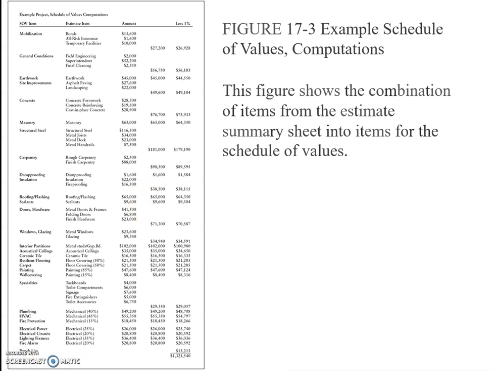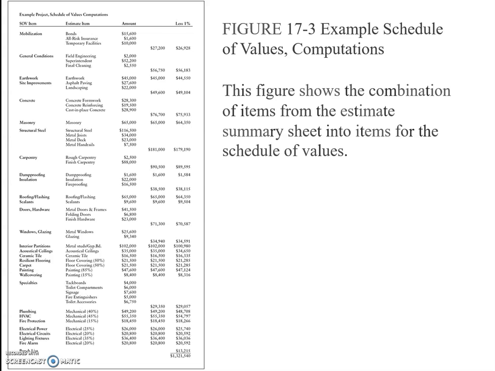The next figure shows the combination of items from the estimate summary sheet, that means the previous summary sheet, into items for a schedule of values. The requirements for the schedule of values on this particular project requires a punch list item of 1% of the contract amount.